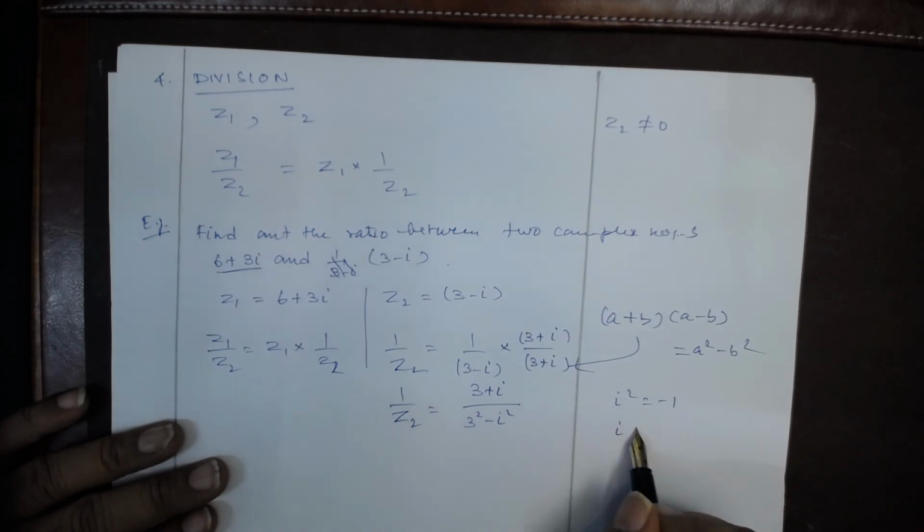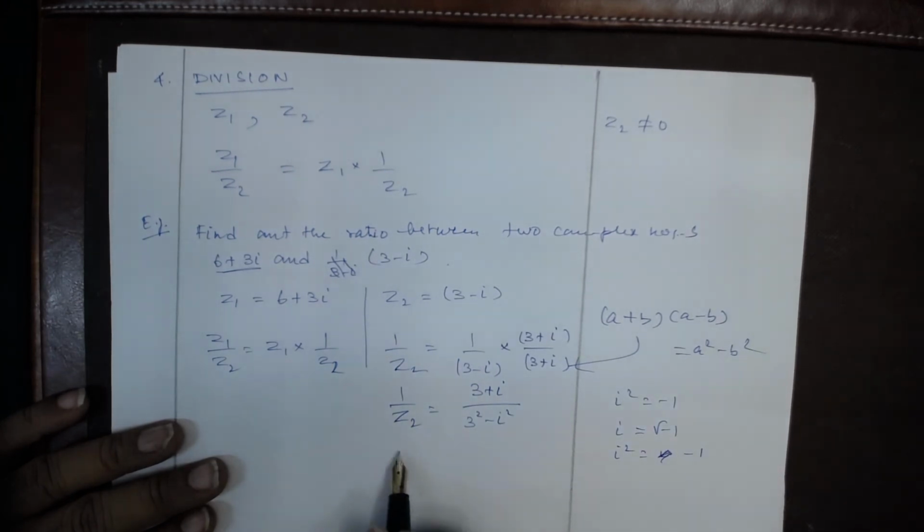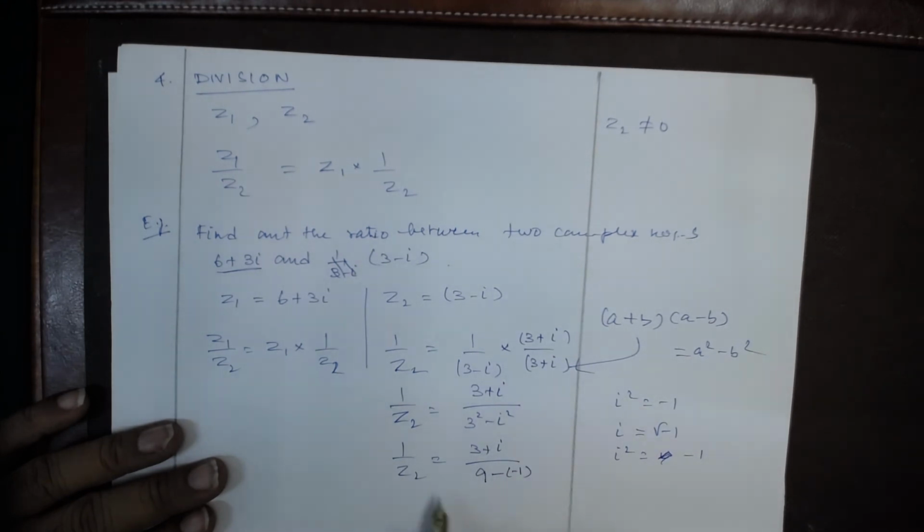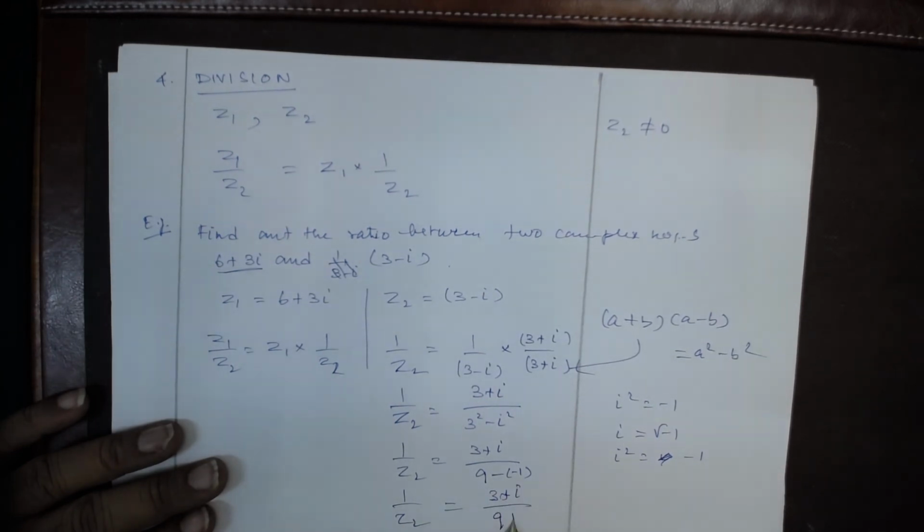Why? Because i is equal to square root of minus 1. i squared means the root is removed, so minus 1. Therefore 1 by z2 is 3 plus i divided by 3 squared, 9, minus i squared, minus 1. So minus of minus is plus 1. So 1 by z2 is equal to 3 plus i divided by 9 plus 1. That is 3 plus i divided by 10.